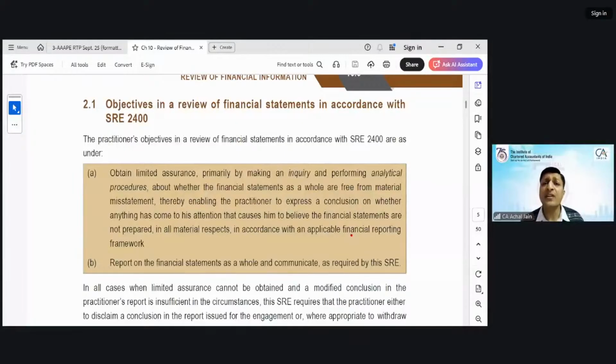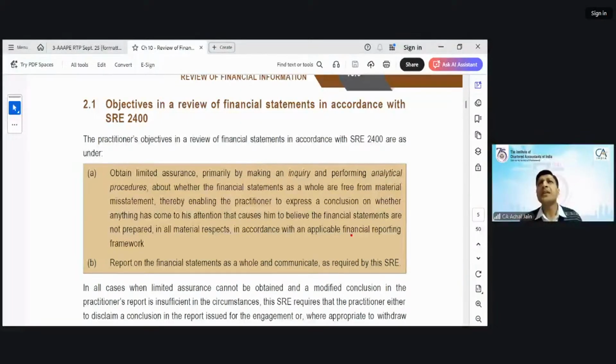Means what is the extent of testing? See, primarily when it comes to a review, it's largely driven through inquiries and analytical procedures. So you can say a dominant part of the procedures of the practitioner or the auditor in case of a review will be what? Inquiries and analytical procedures.